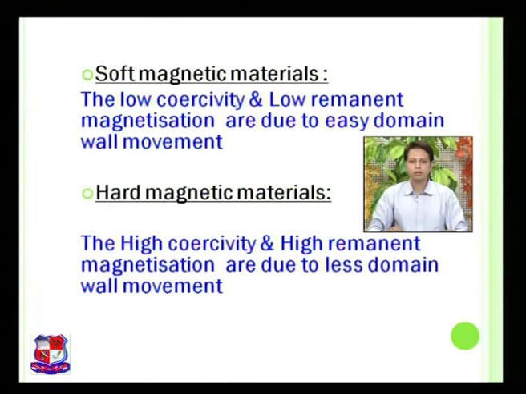So my dear friends, if we want to distinguish soft and hard magnetic materials through the hysteresis cycle, the hysteresis cycle area of soft magnetic material is narrower, so the coercive field and the remnant magnetization will also be low.